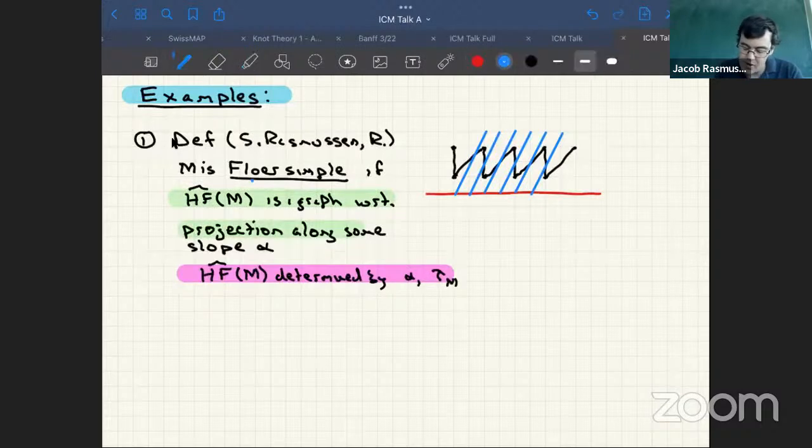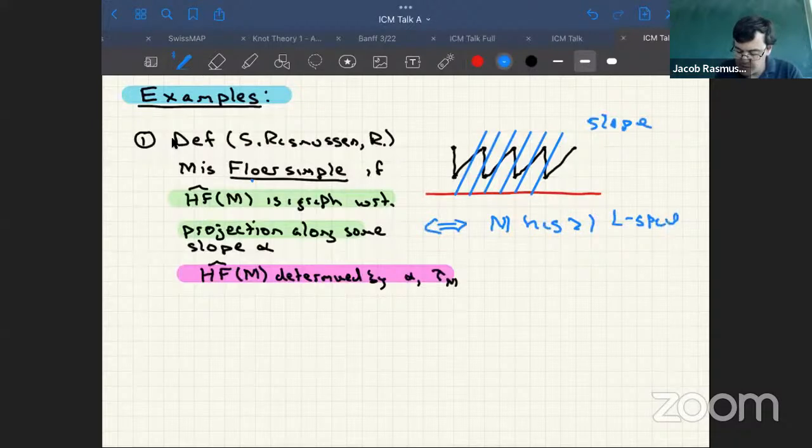So for example, here I've taken HF hat of the trefoil, unrolled it into the punctured plane, and now if I project with slope 2, you can easily see that this gives me a one-to-one correspondence between the red line down here and the black line up here. So this manifold is Floer simple. It turns out that this is equivalent to saying that M has more than one L-space Dehn filling.